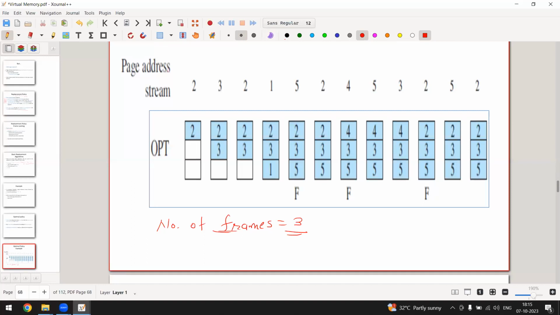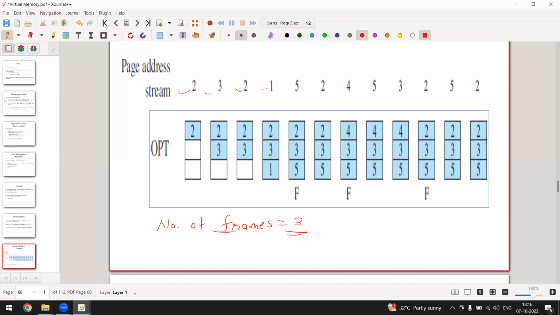That means at a given time, I can have at most 3 pages of this process in memory. Initially we assume that all the frames are empty. So we bring page 2 in, we bring 3 in, then again 2. 2 is already there, so no need to do anything. Then 1. So this is the scenario: 2, 3 and 1.